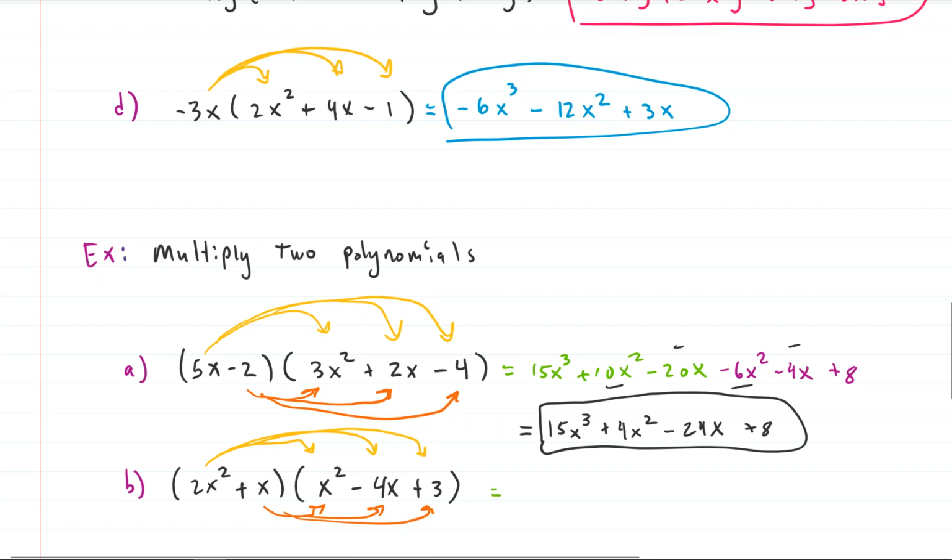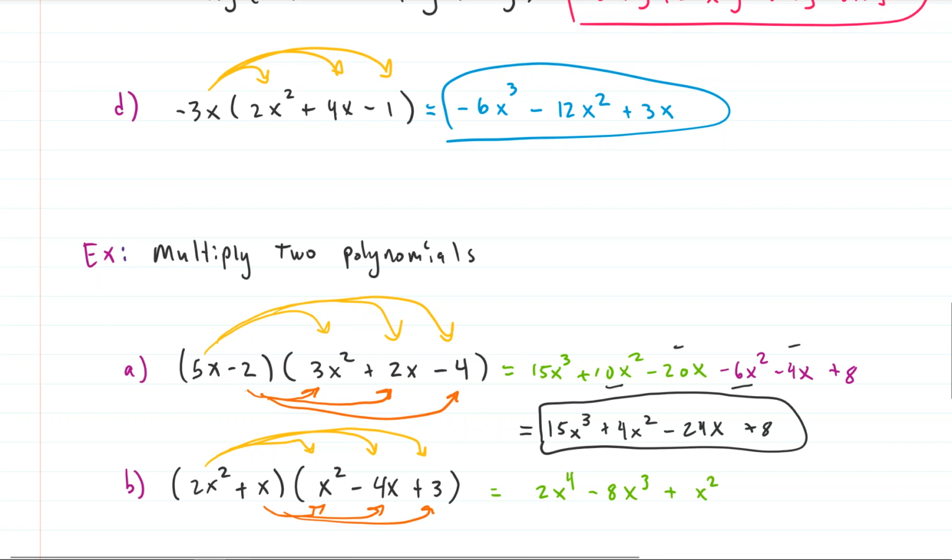So 2x squared and x squared give us 2x to the fourth. 2x squared and -4x give us -8x to the third. 2x squared and 3 give us 6x squared.